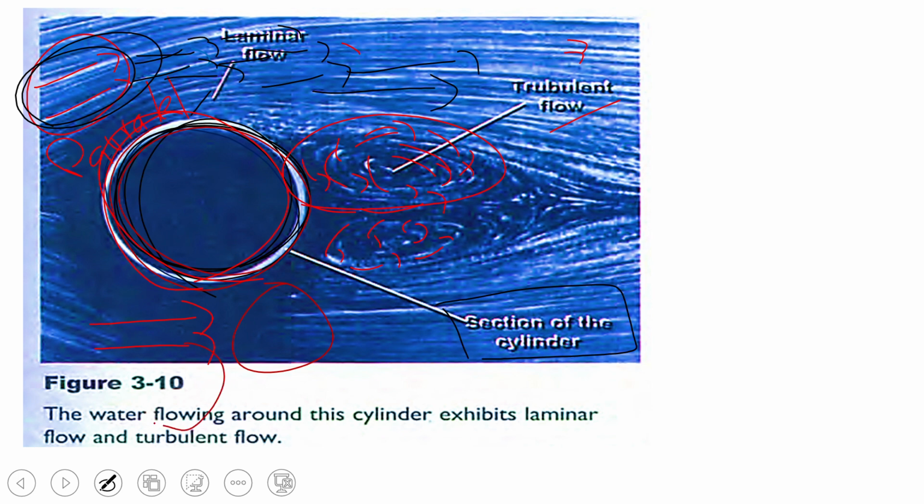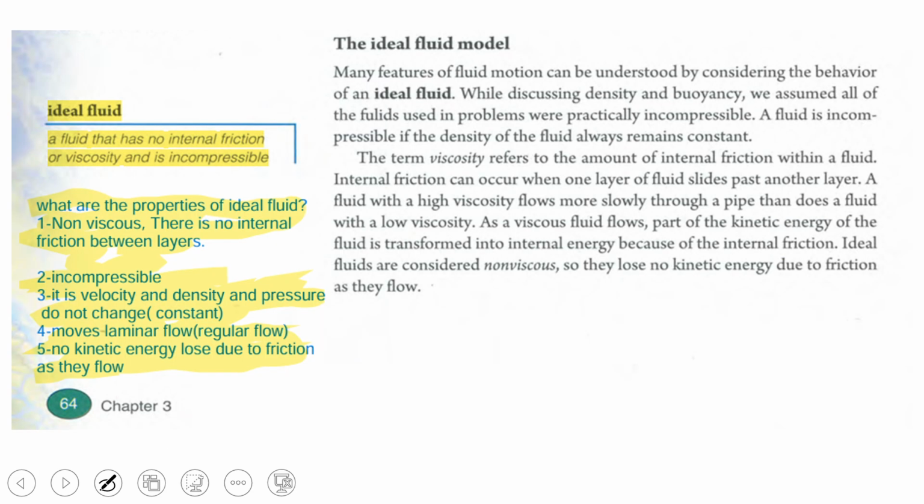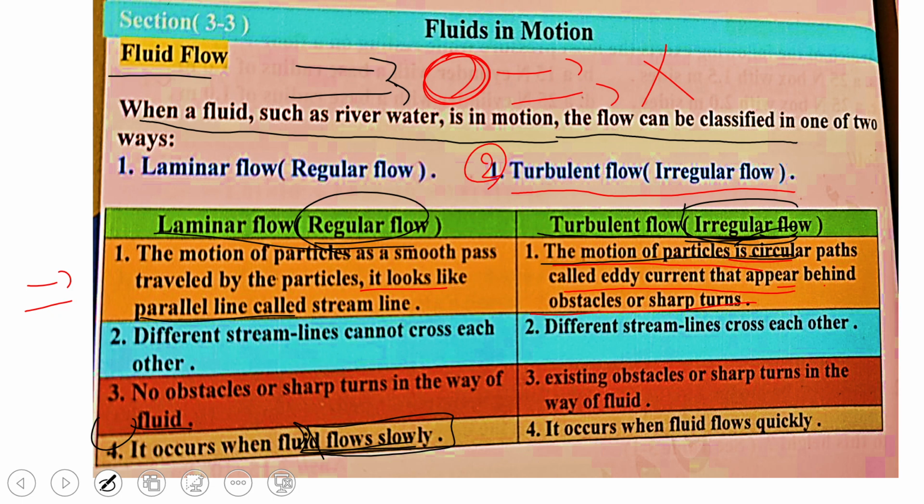Immediately they change their direction like that and become a circular path. So in general, if any obstacle or object comes on the way, they change their direction.